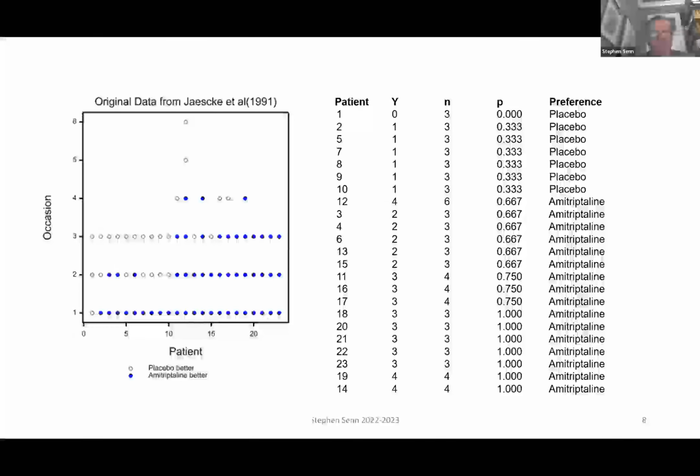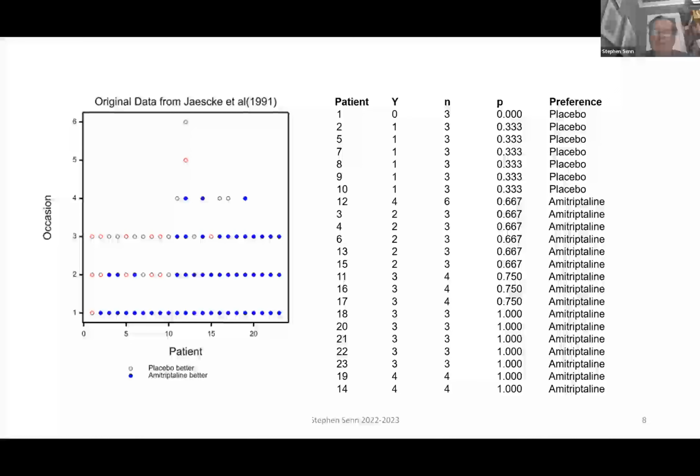This is a possible representation of the results. On the left-hand side is a sort of dot histogram showing the 23 patients, spread out along the x-axis according to patient number.